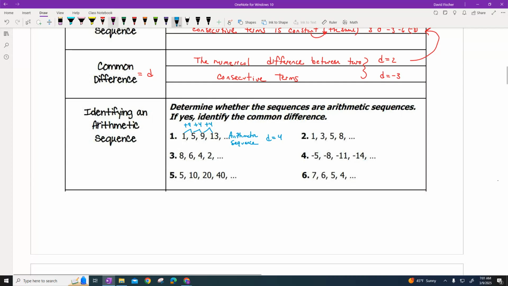Now, sometimes we're going to get some crazy numbers that we can't easily do in our head. And so the way we find the common difference is, we take the number and subtract the number in front of it.